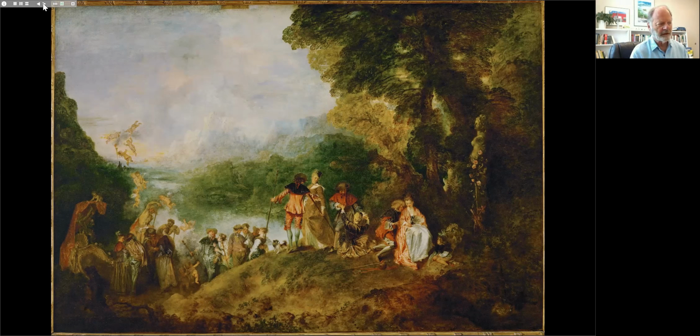The Poussinistes believed that design and line were the fundamental elements of artistic creation, and the Rubenistes placed a greater emphasis on color and on innovation and relativity of judgment.